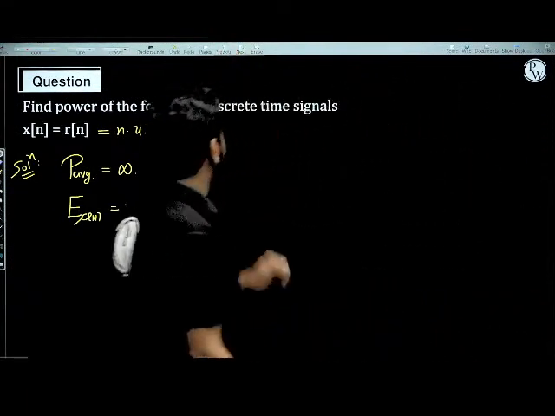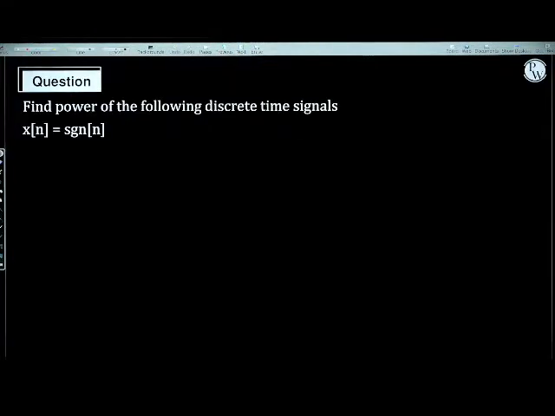Now next, guys, find the power of the following discrete time signals. The signum function, tell me what is the power of the signum function?